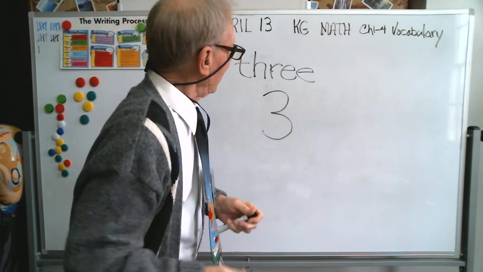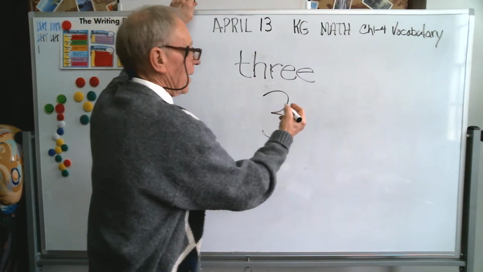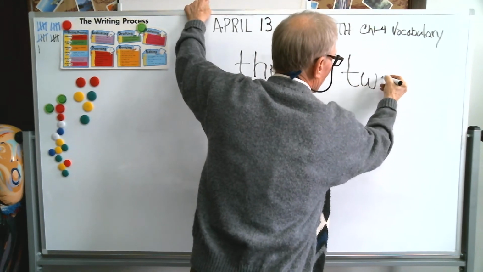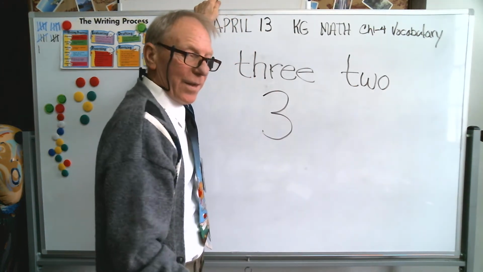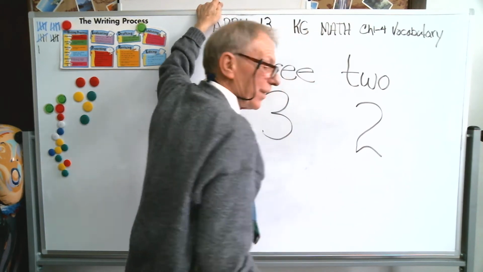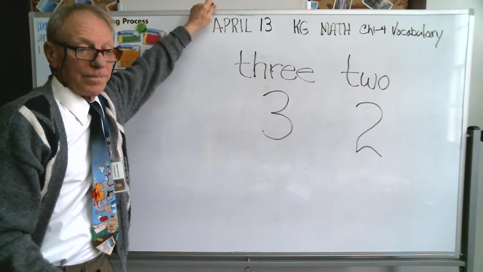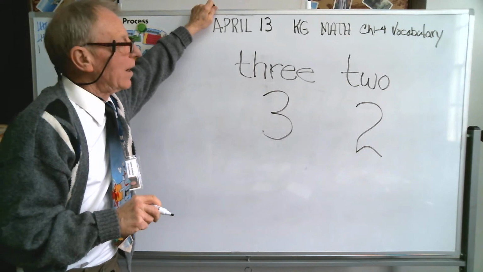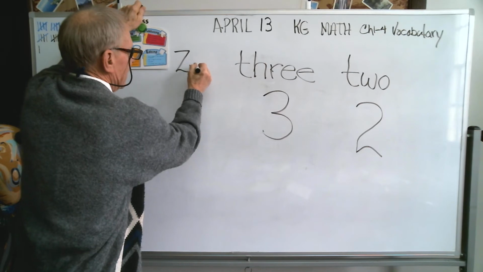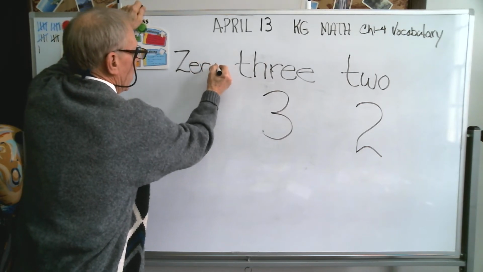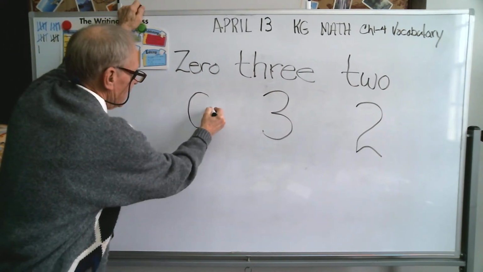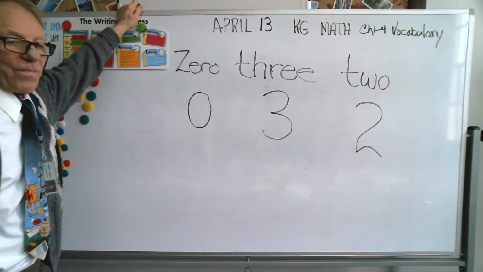The next vocabulary word is, and I'm going to put it over here, two, T-W-O. That word is represented by the number 2. The final one is zero, Z-E-R-O. And that word is represented by the number 0.